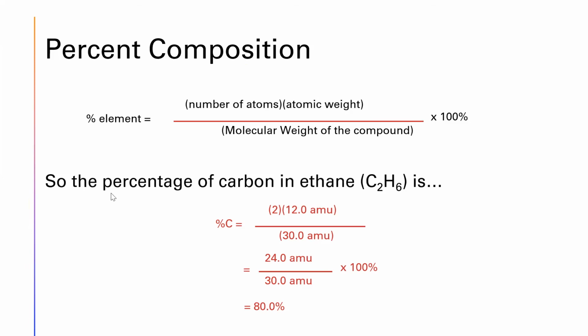For example, the percentage of carbon in ethane, C2H6: percent carbon equals 2, because C has subscript 2, multiplied by 12, which is carbon's atomic weight, divided by 30, which is the molecular weight of ethane, 18, I'm sorry. And then we get the percentage of carbon is 80%.